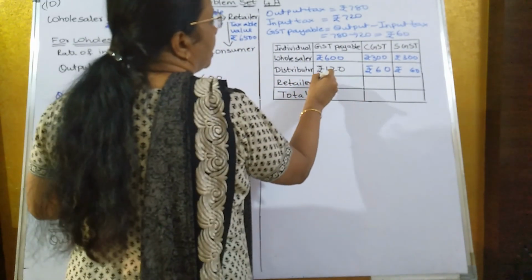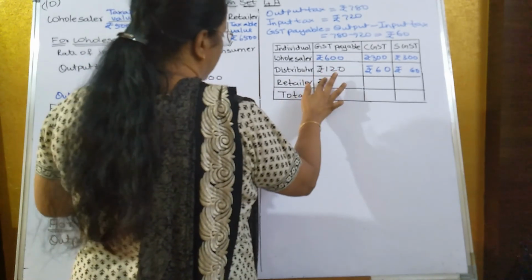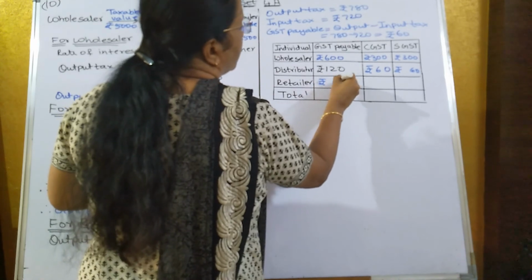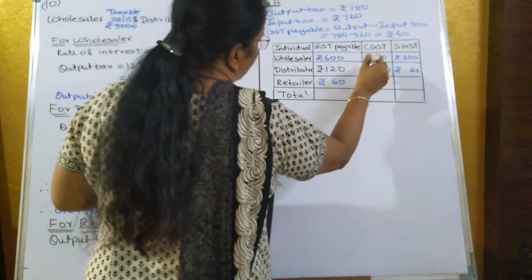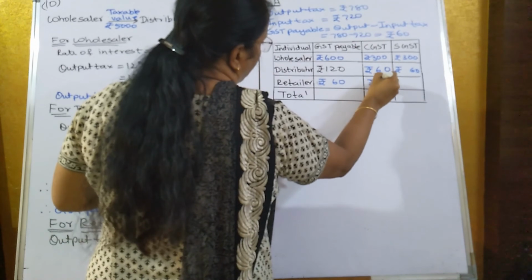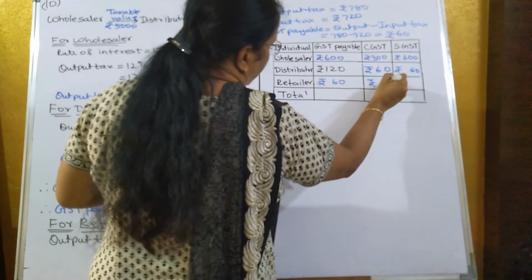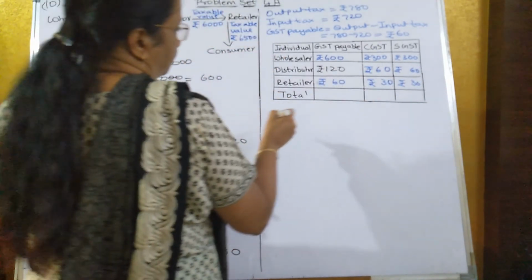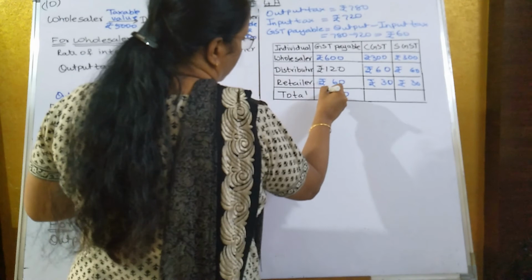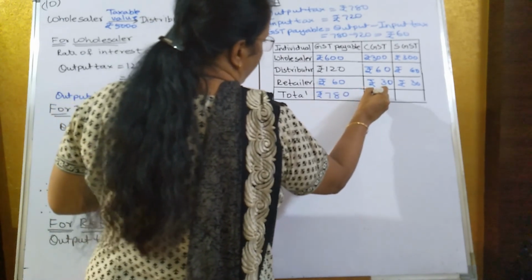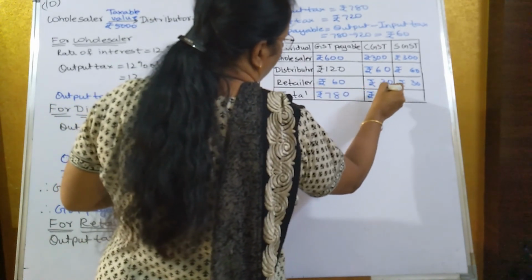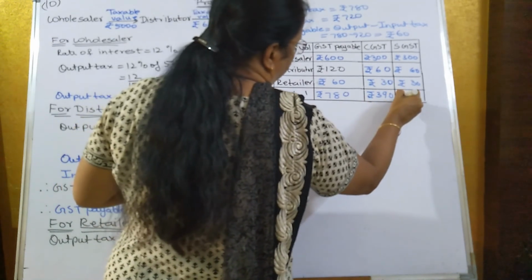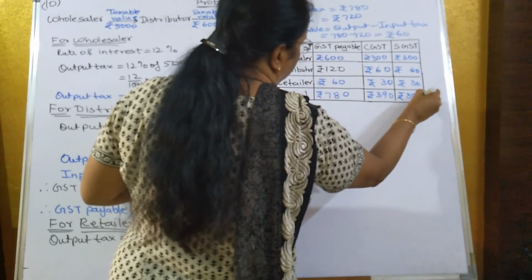So the retailer will give rupees 60, and half of it will go to CGST. Half of that is rupees 30, and here also rupees 30. So what is the total? 780, 390, and here also it will be 390.